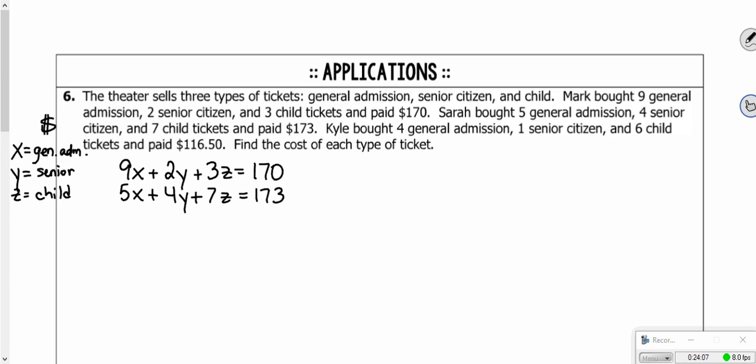And Kyle, we have 4 general admission, 4x, 1y, and 6 child, 6z equals, oh great, decimal, 116.50. Okay, these are my equations 1, 2, and 3.